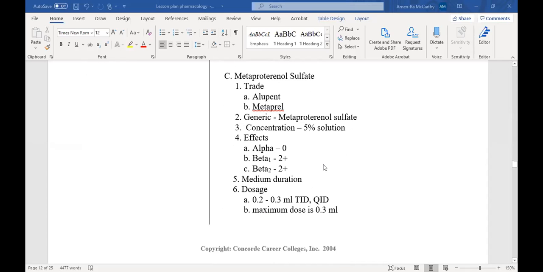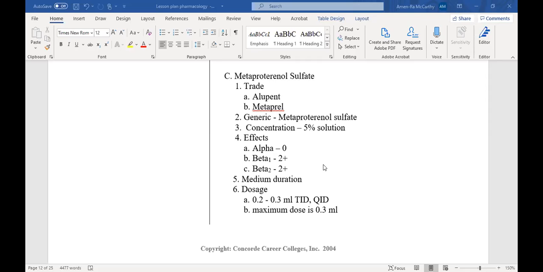Somebody else came out with metoprolol sulfate. All right, so let's just say Ms. Woods came out with metoprolol sulfate. Now, this one has 2 trade names, Albuterol and Metoprolol. Metoprolol sulfate is a sympathomimetic drug. That's the generic name. The trade name is Albuterol or Metoprolol.